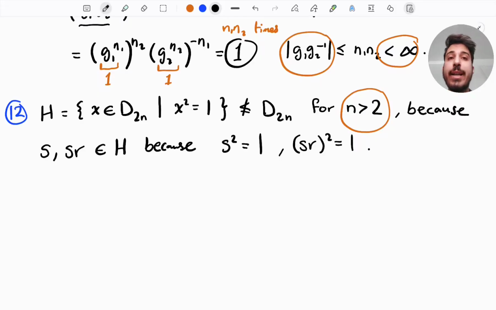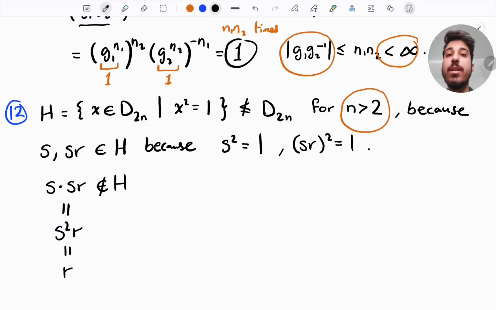So we have that S and SR are in H, but we want to show that H is not a subgroup. So we want to show that S times SR is not in H. And this is easy to see because S times SR is equal to S squared R, which equals just R. And the order of R is equal to n. But n here is bigger than 2.